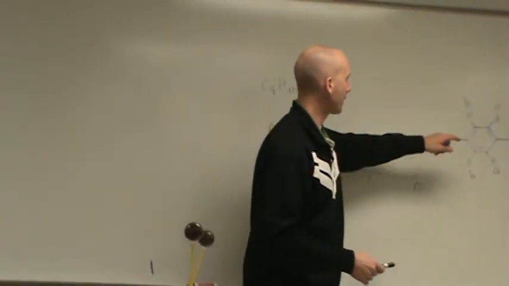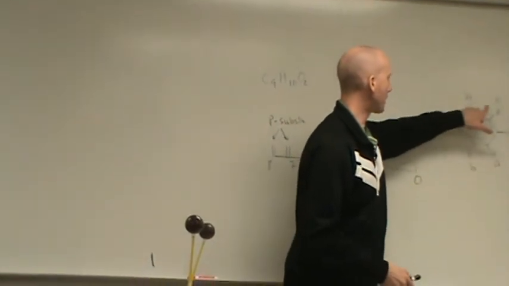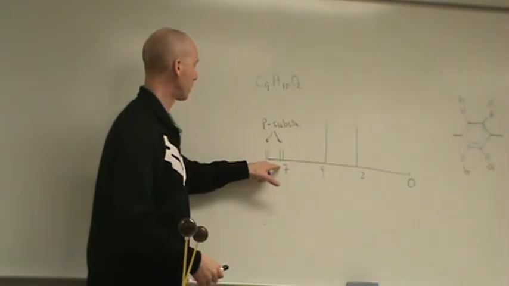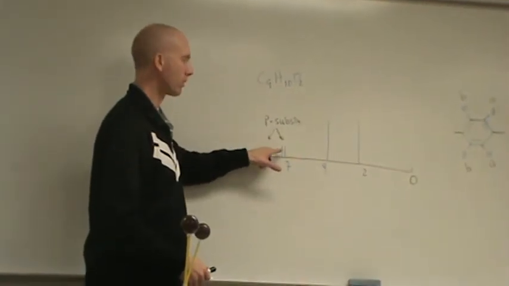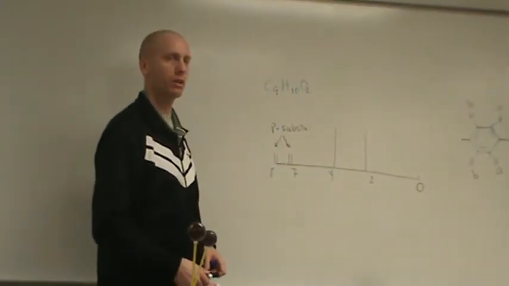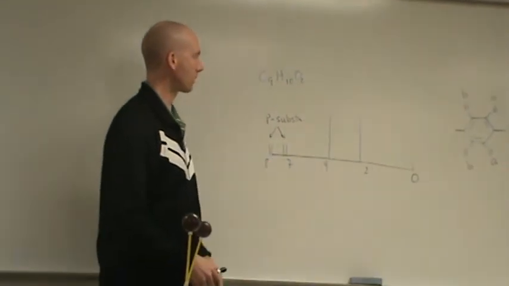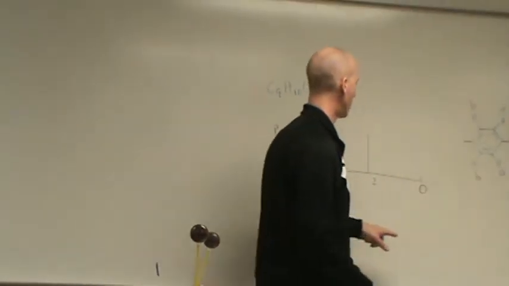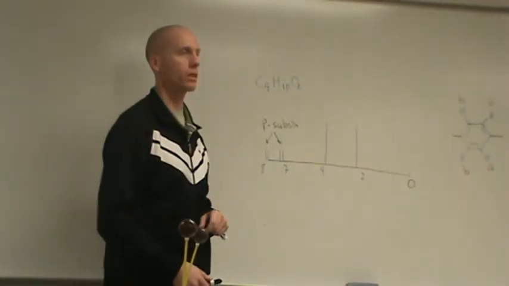So A is what? Being split by B into a what? What are they? A doublet. And B is being split by A into a doublet, okay?